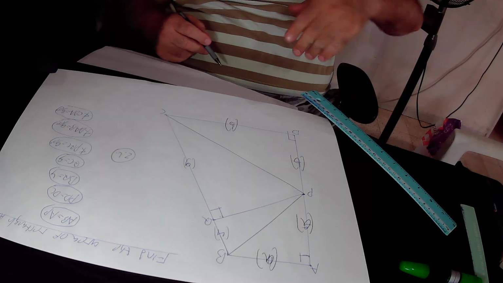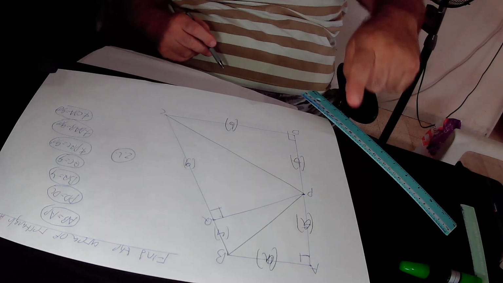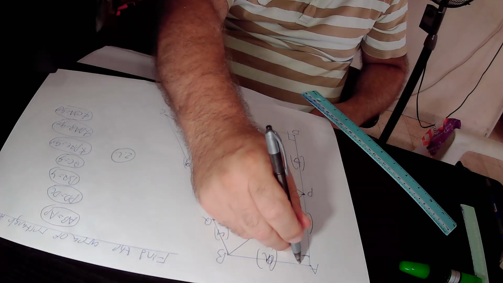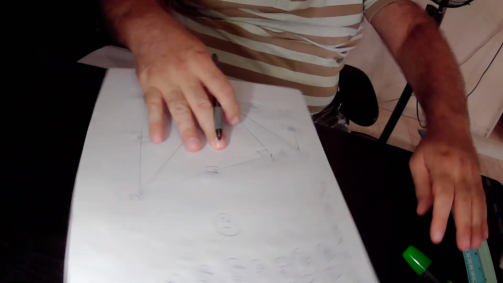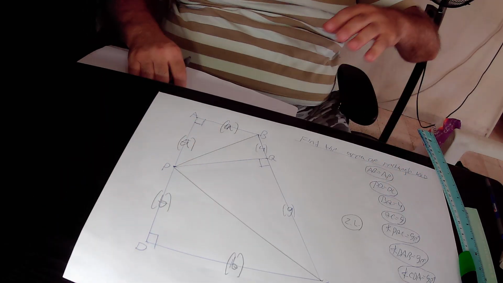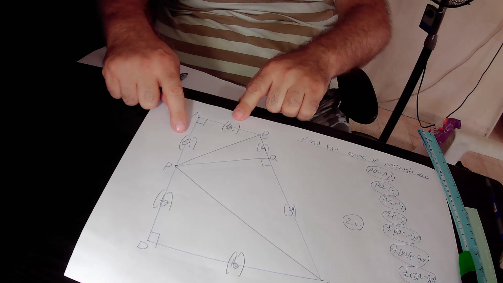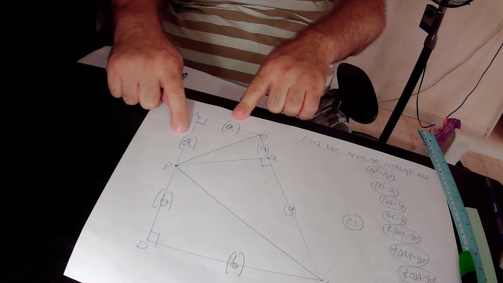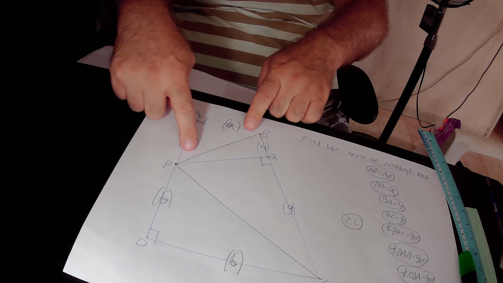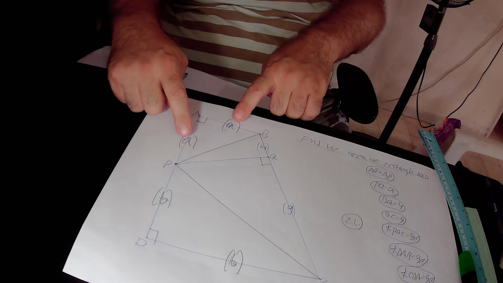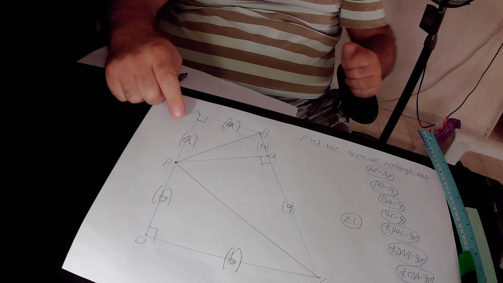This right triangle is also an isosceles triangle because AP equals AB. And you have the rule that says that opposite equal sides in a triangle, there are equal angles. So opposite those two equal sides, we have two angles that must be equal to each other in their sizes because they are located opposite those two equal sides.